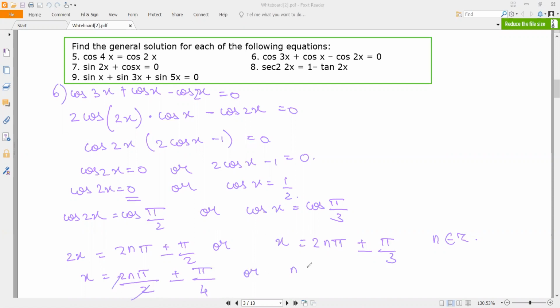Or x is equal to 2n pi plus minus pi by 3. So these are the two values of x. You can rewrite them: x is equal to n pi plus minus pi by 4, or x is equal to 2n pi plus minus pi by 3.